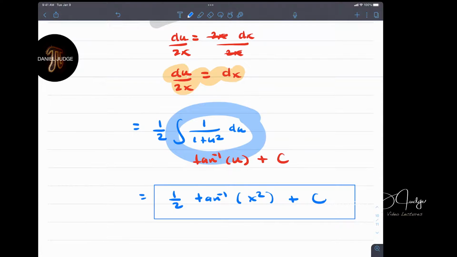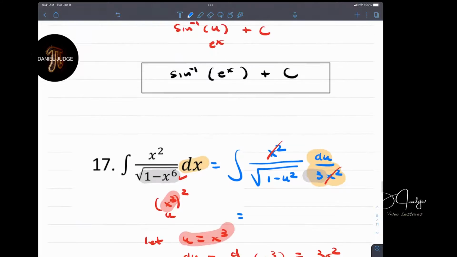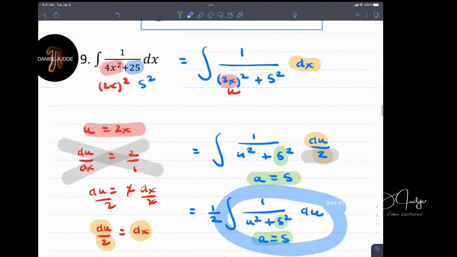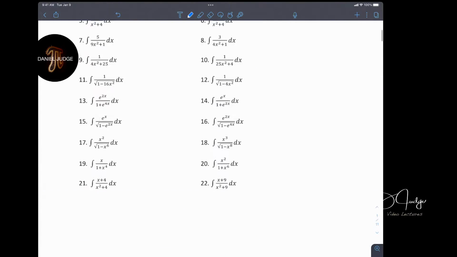And there you go. U is x squared here. Okay, so number 19. So it looks like we weren't going to be able to do that one, but we are. These are all the inverse trig function integral questions.